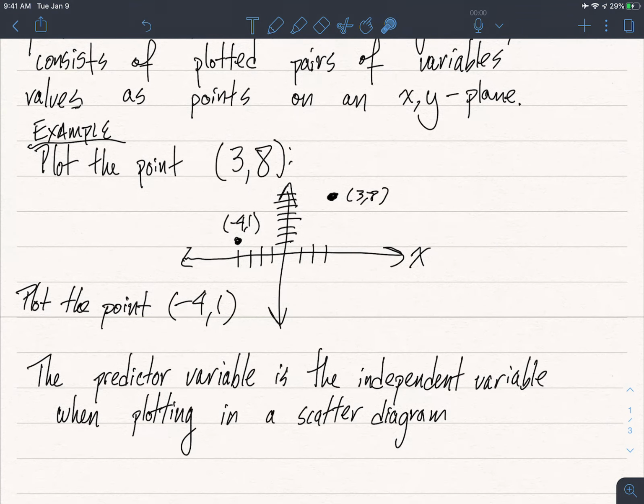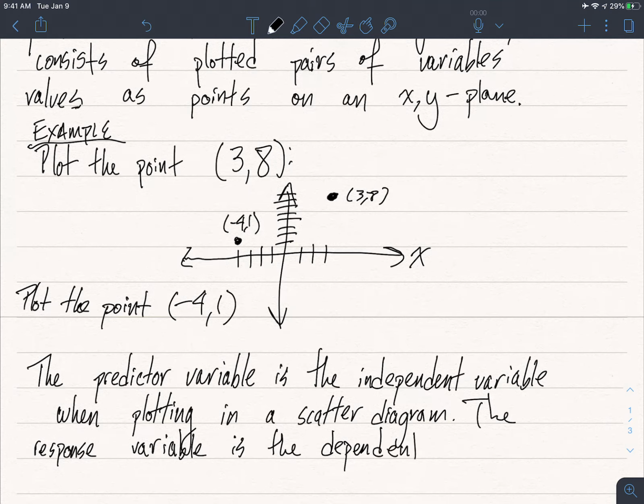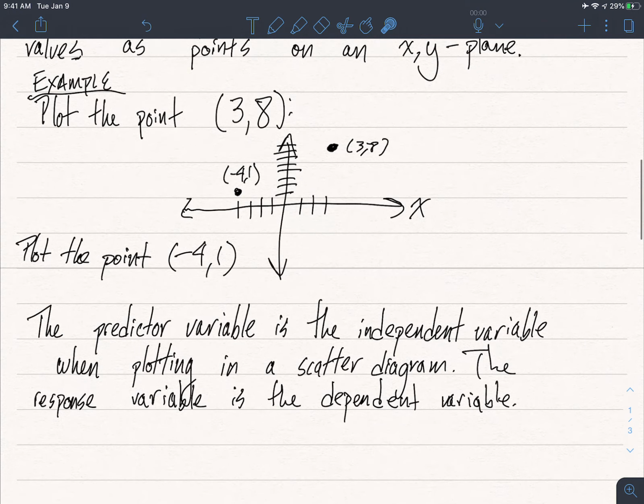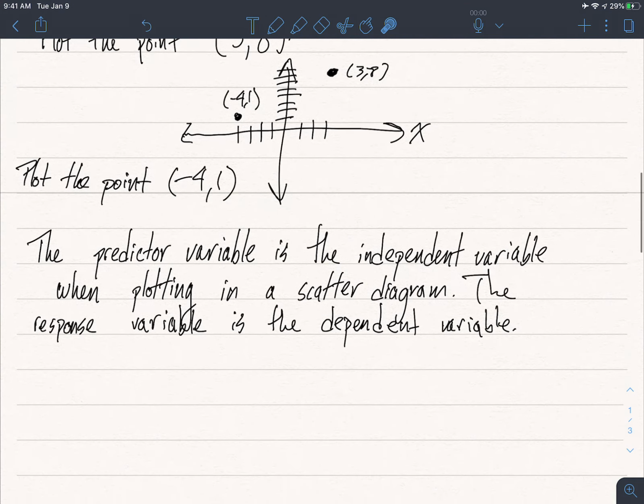So the predictors for my 2 points were the 3 and the -4, and the response variable is the dependent variable, the y. So you plot the independent or the predictor on the x-axis, and then the y-axis part of the point comes from the response or dependent variable.